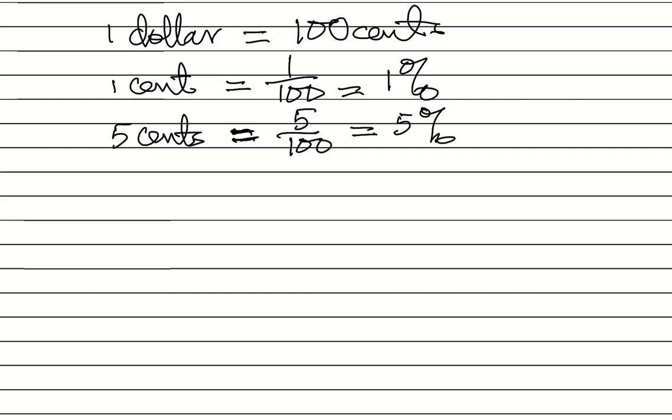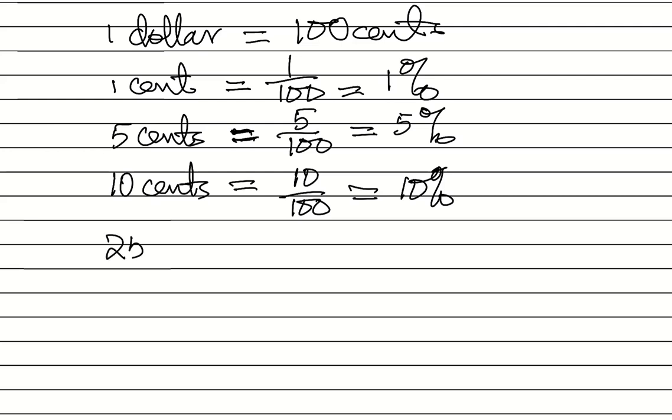All right? And then check this out. What is a dime? A dime is 10 cents, right? What does that represent? That represents 10 over 100, the same thing as 10%. It's 10% of $1. All right, so what of a quarter?